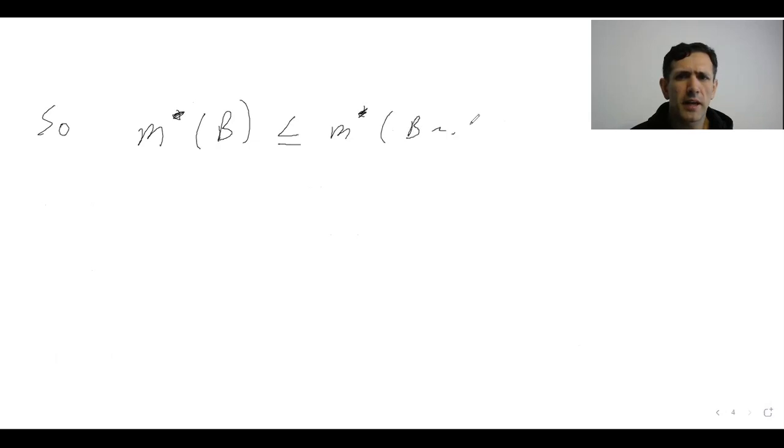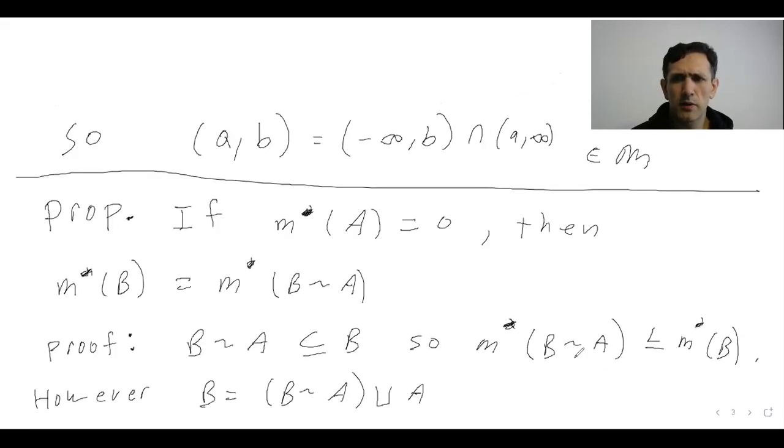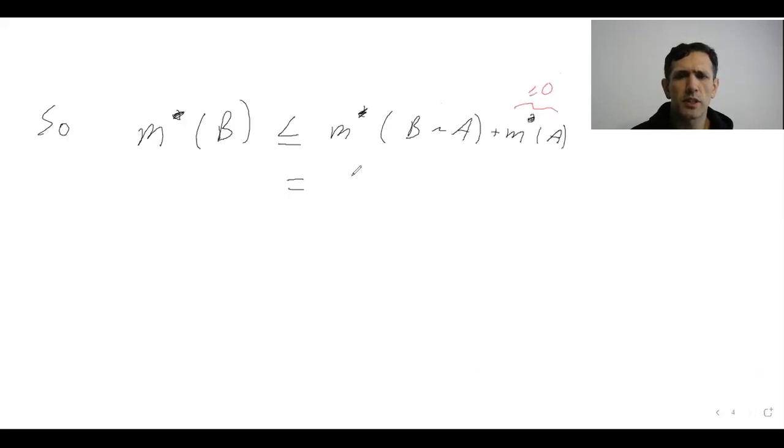So it's M star of B take away A plus M star of A. Now we're finally going to use the fact that A has measure 0. That's our assumption. Certainly the inequality is true without any assumption on A and B, so we have to use measure 0 somewhere, and this is where we use it.